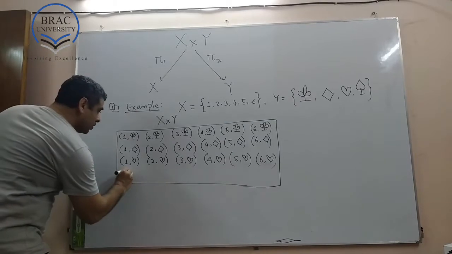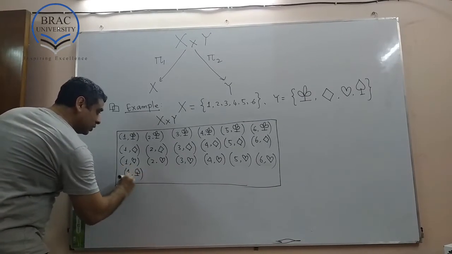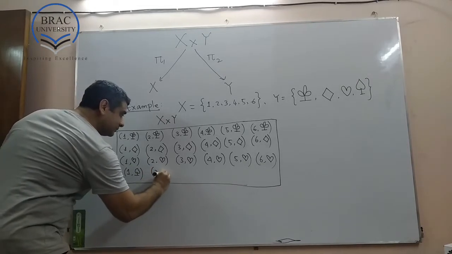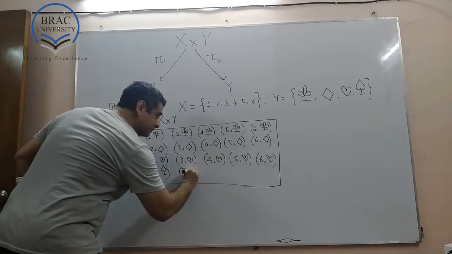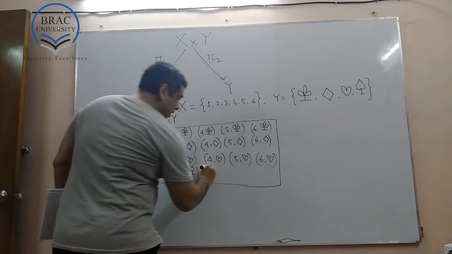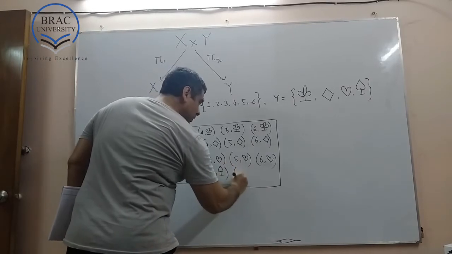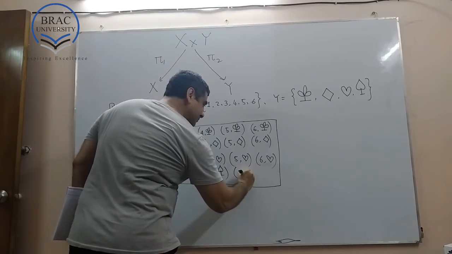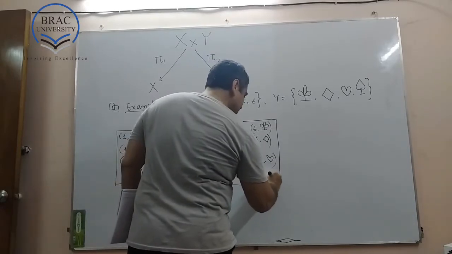Then we have (1, spades), (2, spades), (3, spades), (4, spades), (5, spades), and finally (6, spades).